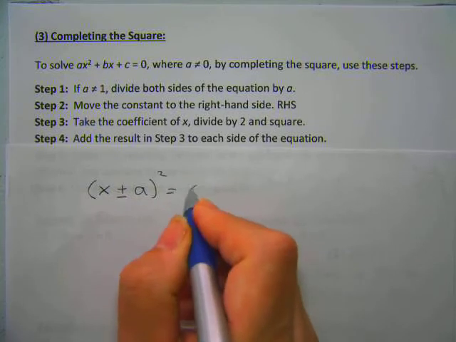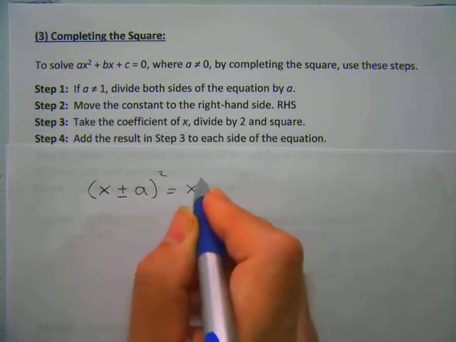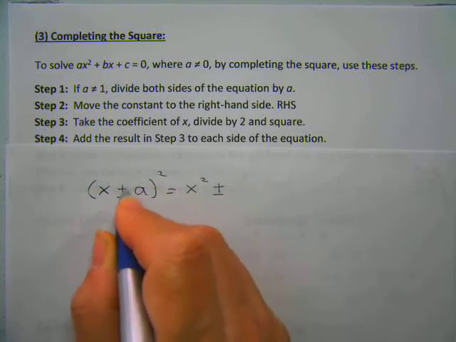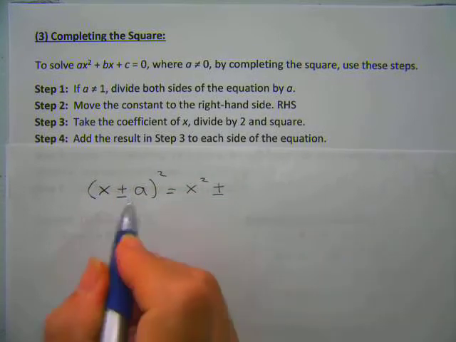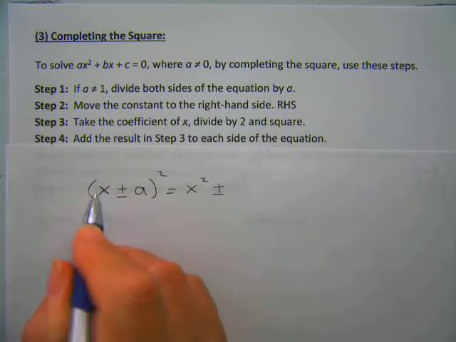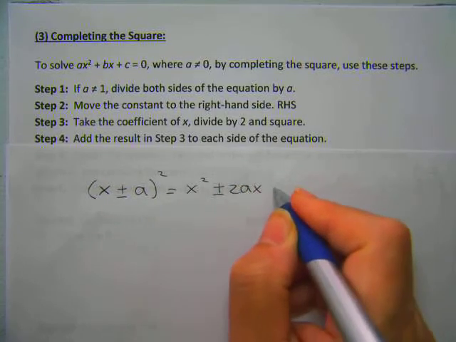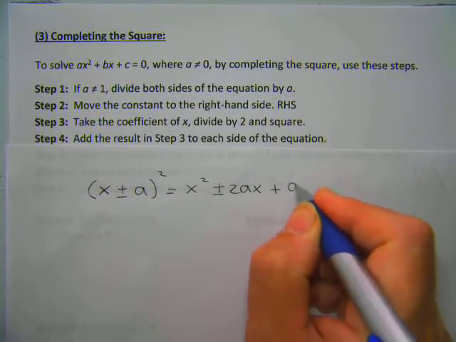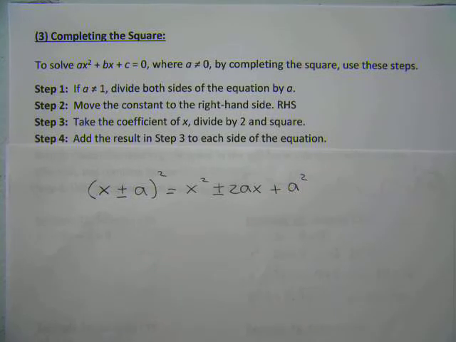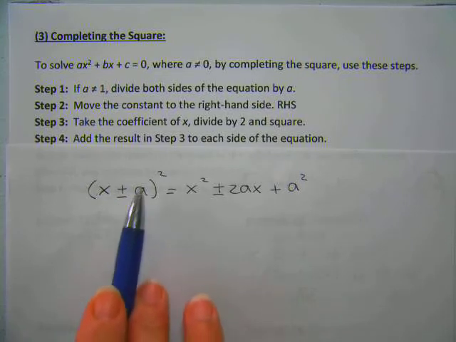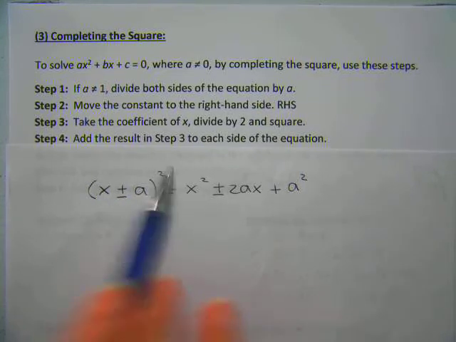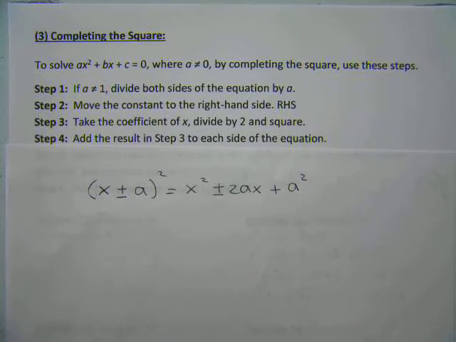This is equal to x squared, either plus or minus depending on the sign, then twice the product of these two. So 2ax, the forgotten term. I call that the forgotten term. Students always forget to put that. Plus a squared. And that comes from, if you put them next to each other and FOIL, you'll see that you're going to get ax and another ax, and then you're going to add them or subtract them.